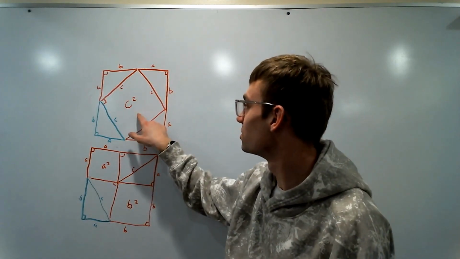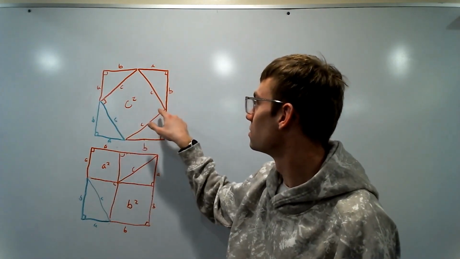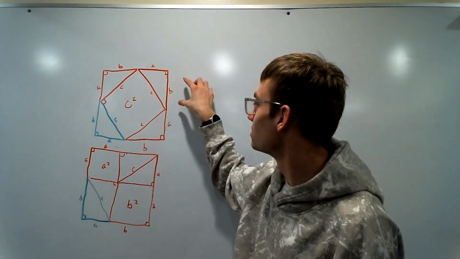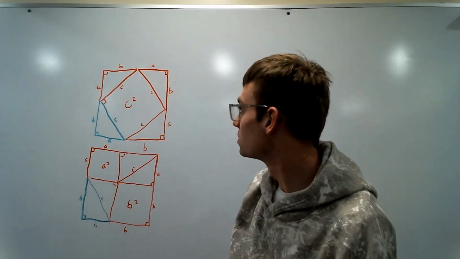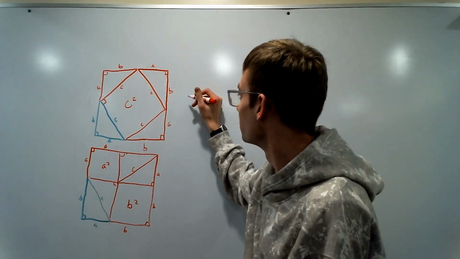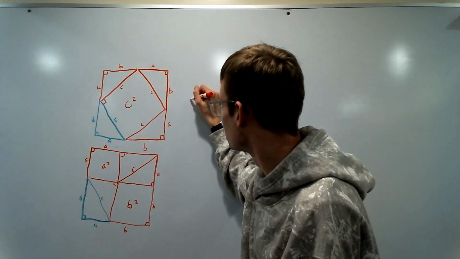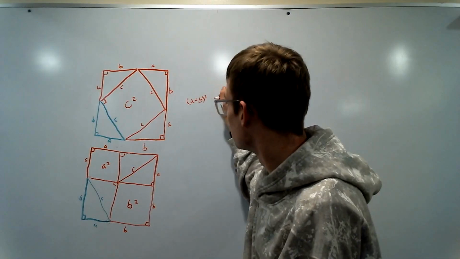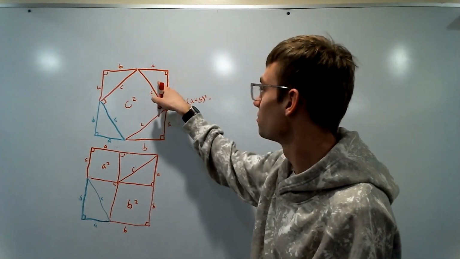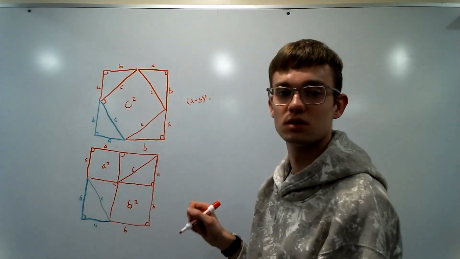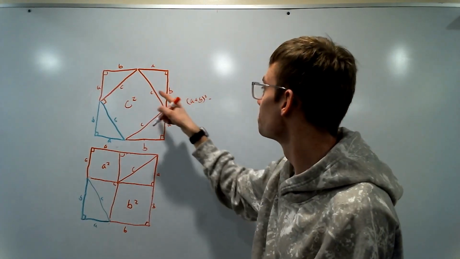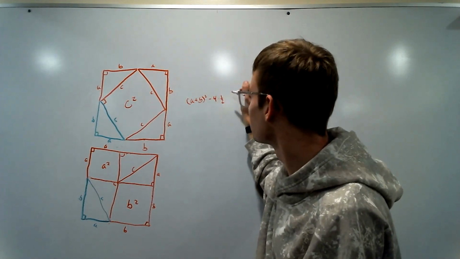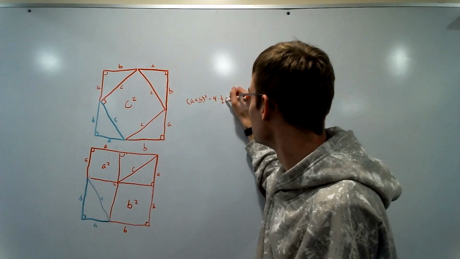As you can see in the first one, we have the area c squared shown, and it is the area of the entire thing, a plus b squared, minus 4 of these triangles, which have area 1/2 ab.